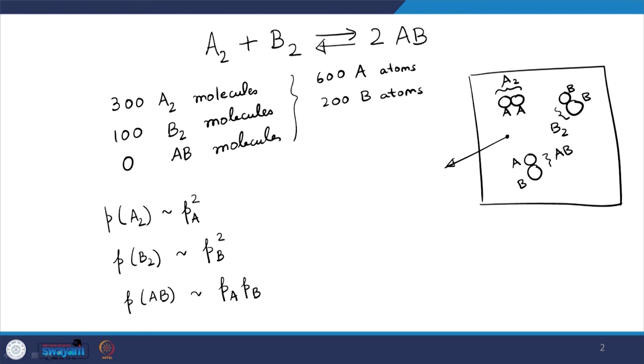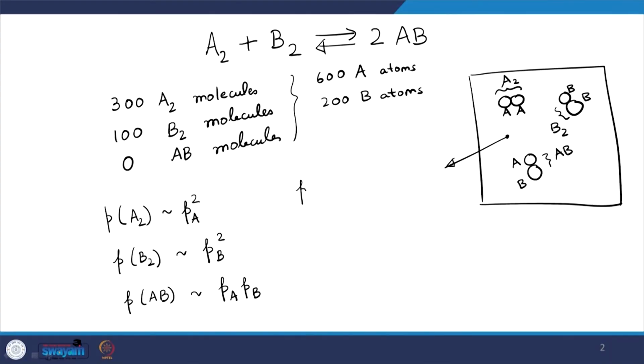So, without doing any chemical reaction stuff, simply using a probabilistic argument, what we have been able to get is the rate laws, because what is PA? PA is the probability of finding an A atom at a particular point. What does it depend on? It depends on the concentration of A, right.